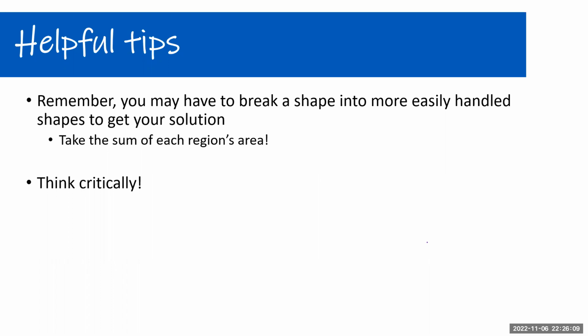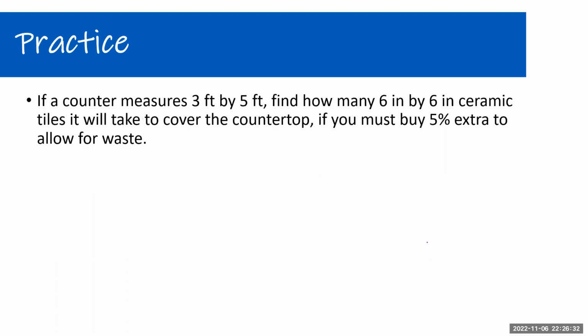Sometimes you're going to have to think critically, and sometimes there are lots of different ways to do this. Sometimes you may not do it the way that I do it, but it gives you the same answer. Maybe I broke it up differently than you would, and that's totally fine. Okay, there's a right final answer, but there's no right way to break it up. Sometimes there's an easier way to break it up, but you do you.